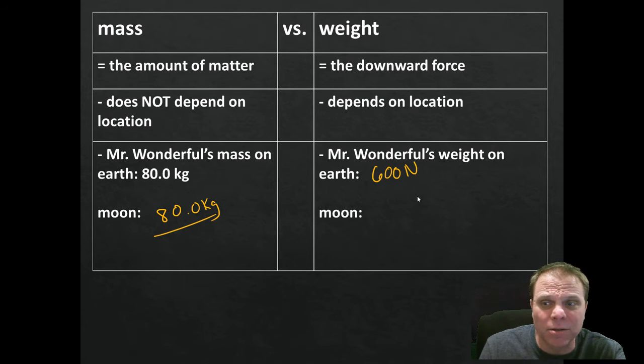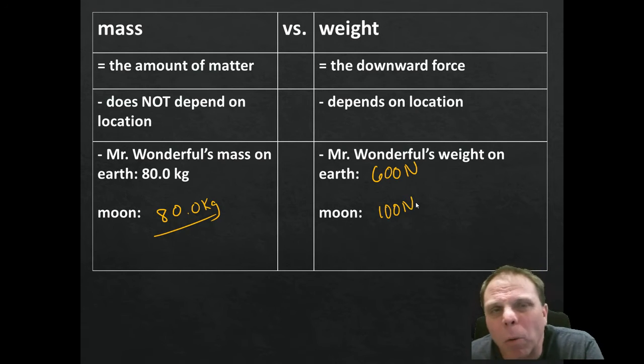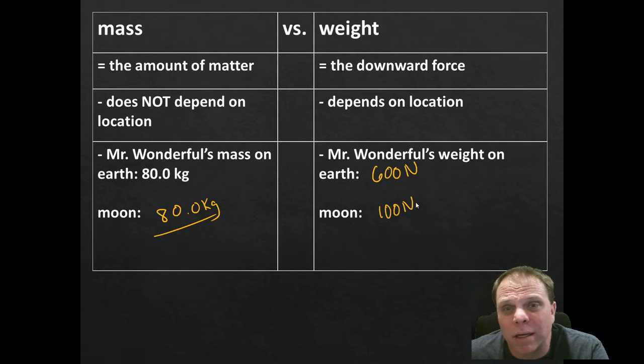If it were 600 newtons on Earth, then what would it be on the moon? It would be 100 newtons, okay? Basically, the moon has about 1/6 the gravity of the Earth, and so you would have about 1/6 the weight on the moon that you would have here on Earth.